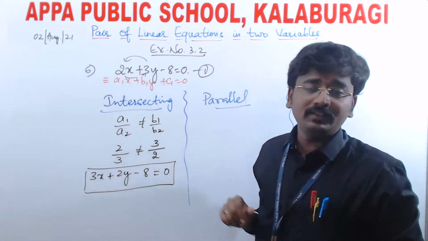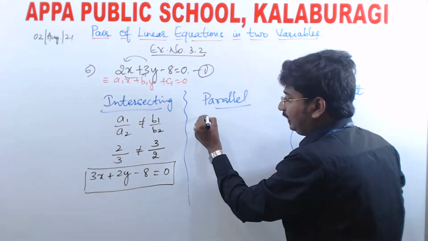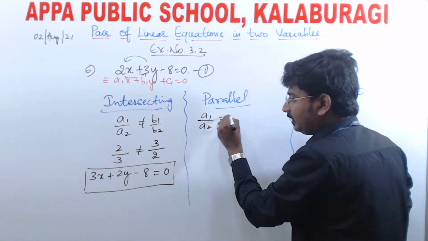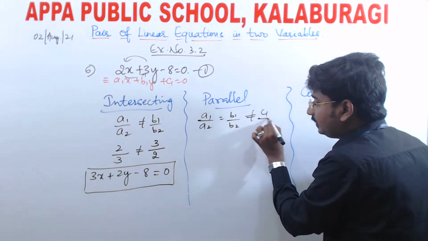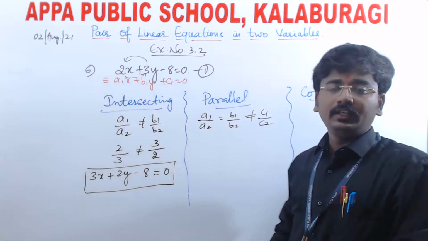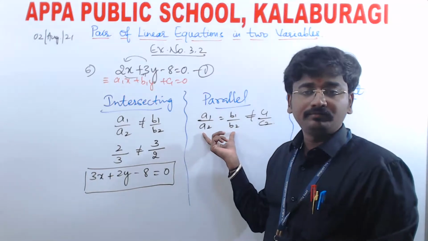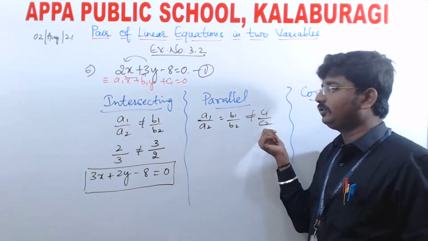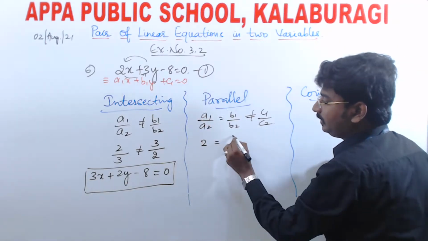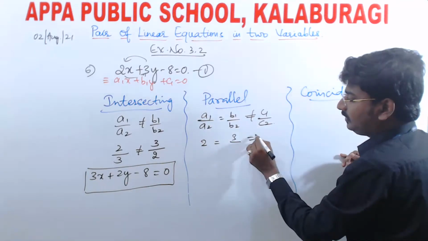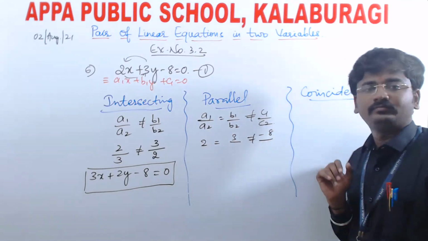Now parallel means, what is the condition for parallel? A1 by A2 should be equal to B1 by B2, but not equal to C1 by C2. These should be equal ratios, but not equal to C1 by C2. Again, what is A1 value? 2. What is B1 value? 3. What is C1 value? Minus 8.